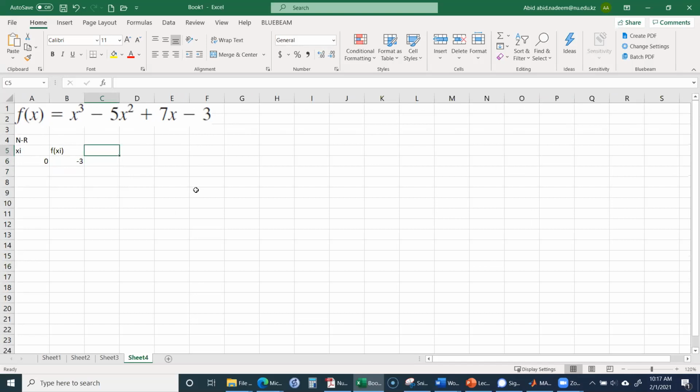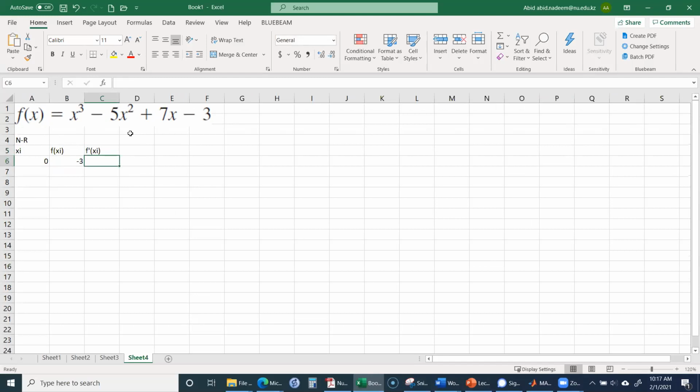Then for the Newton-Raphson method, I need the first derivative, f prime of xi. What is f prime of xi?